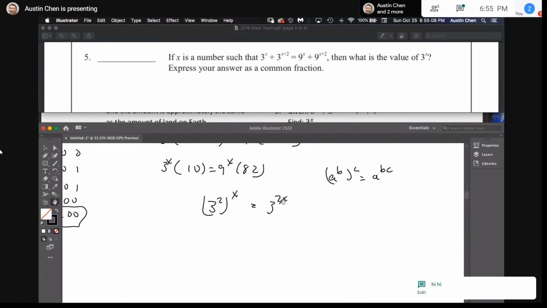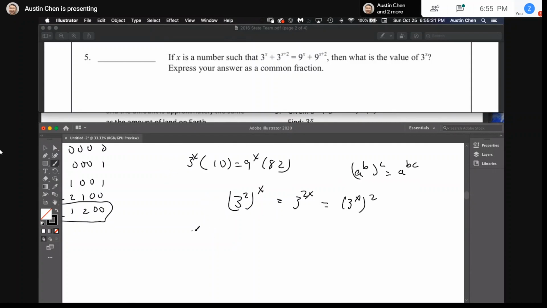But we can apply this thing backwards as well, right? We can switch the exponents. So we can say 3 to the 2x will equal 3 to the x squared, right? Now this is good because 3 to the x is what we're looking for, so putting it like that is good.